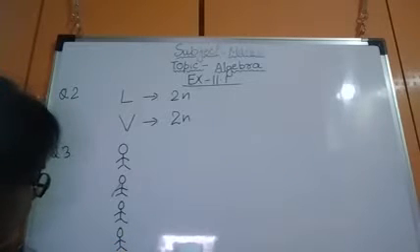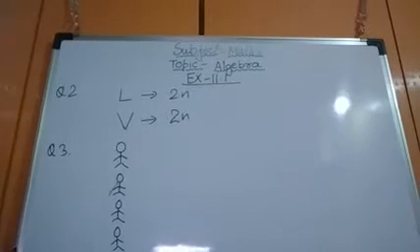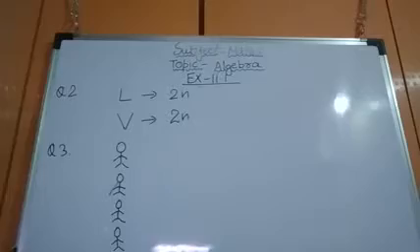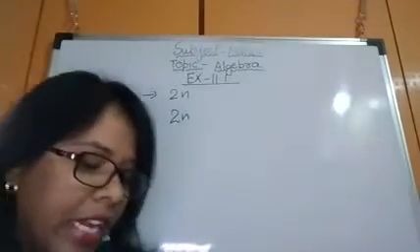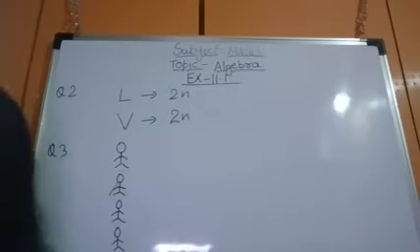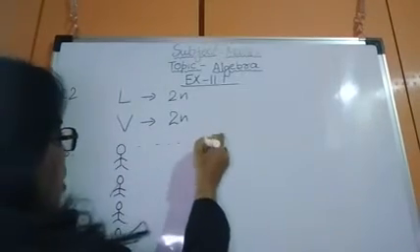And this one is 5th one. So 5 cadets are there in a row. What is the rule which gives the number of cadets given the number of rows? Use n for the number of rows. So there are n number of rows.